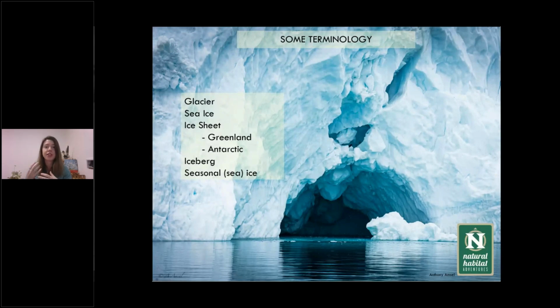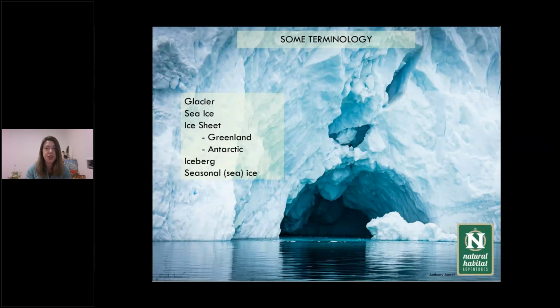Our sea ice, as I mentioned, is frozen ocean, frozen saltwater. And because it's saltwater, it has some really unique properties, which I'll dive into, and they're really important for our Arctic food web.